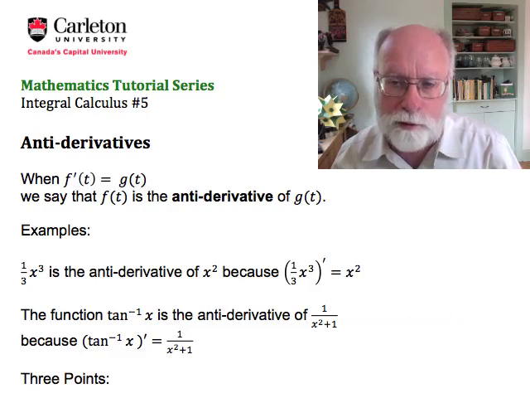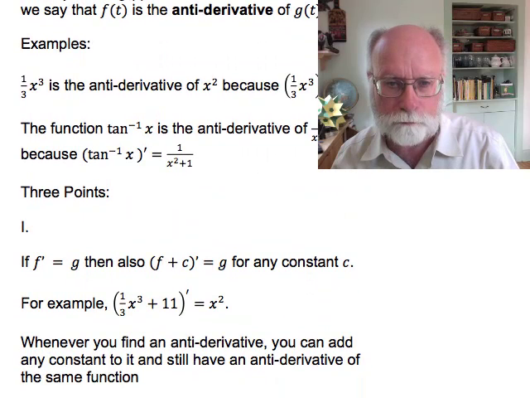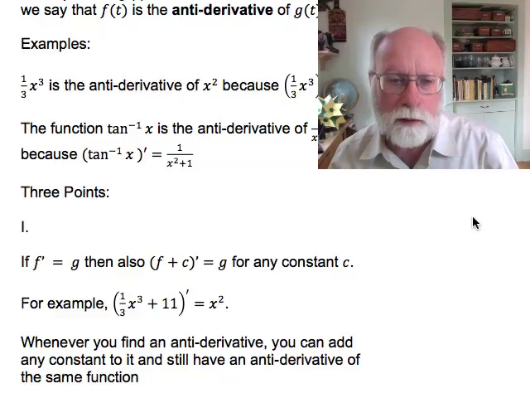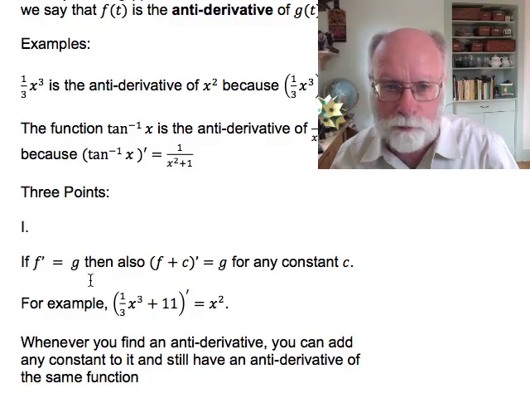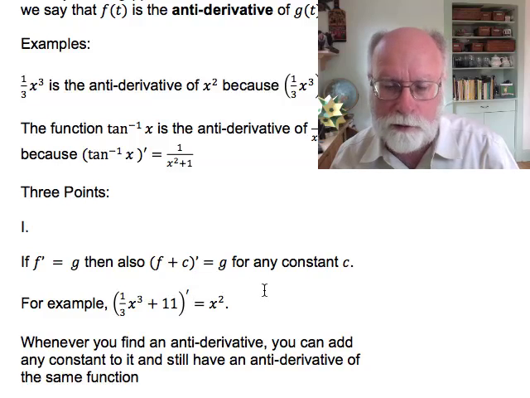Now, there are 3 points I want to make about antidifferentiation. The first is that if we have an antiderivative f of g, so that f prime is g, if we were to add a constant c to f, we would still have a function with its derivative equal to g. Adding a constant to a function does not change its derivative.